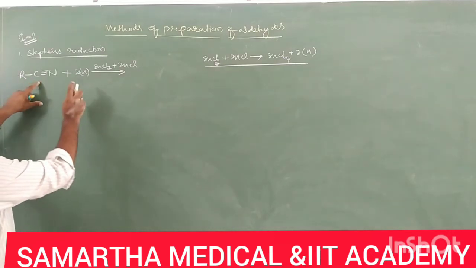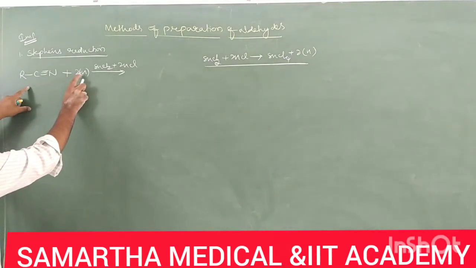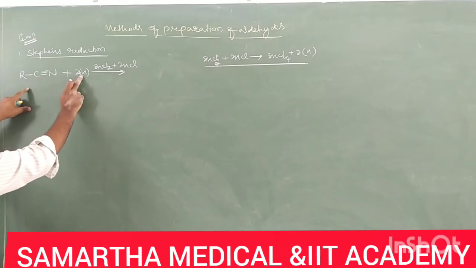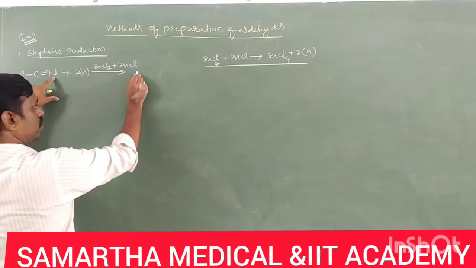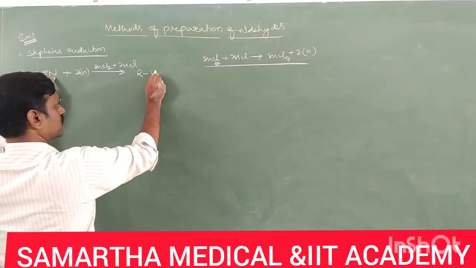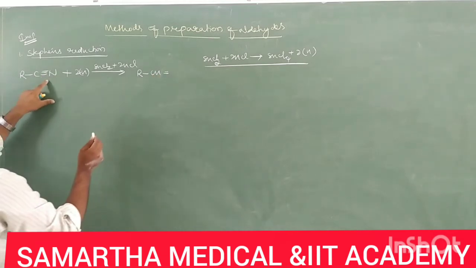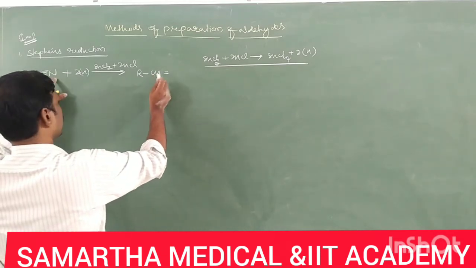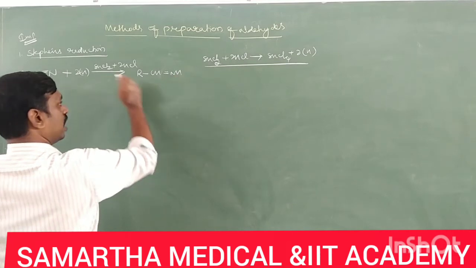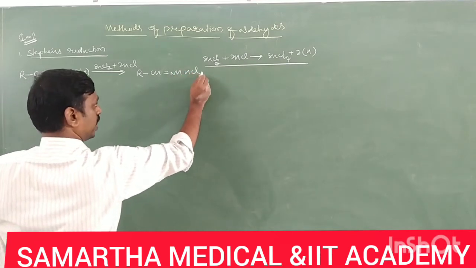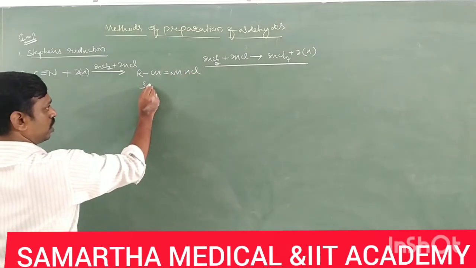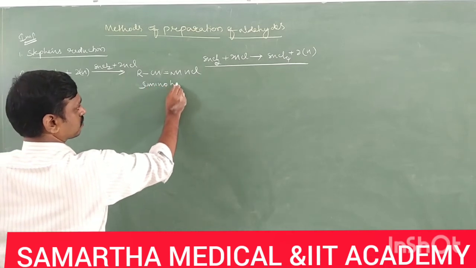What is imino hydrochloride here? There are 2 hydrogens, 1 hydrogen added here, 1 more hydrogen added here. So it gives an intermediate RCH, C becomes CH, triple bond becomes double bond, N becomes NH, and HCl is formed. This is called imino hydrochloride.